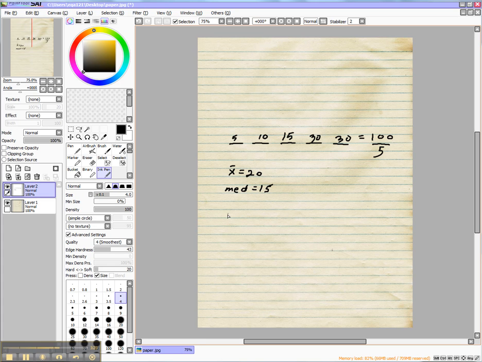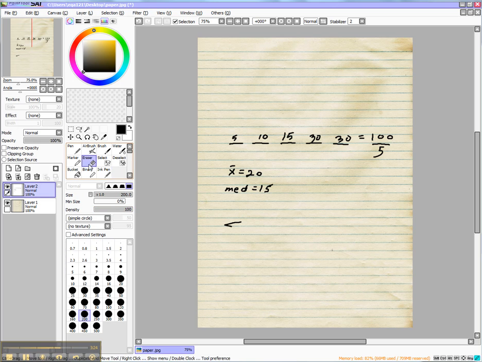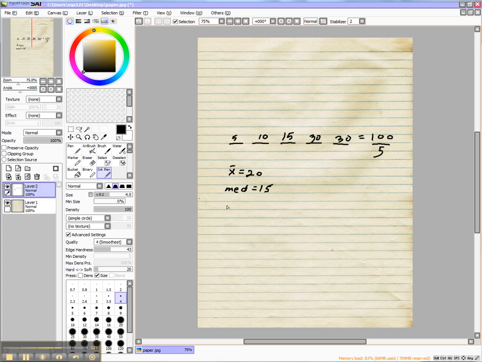The opposite way of doing this is, sorry, let me erase this. The other way of doing this is constructing a different set of 5 numbers where our median is 20 and our mean, or x bar, is 15.